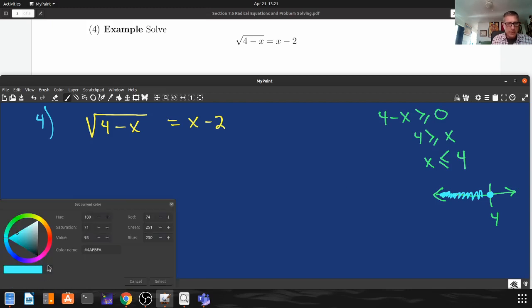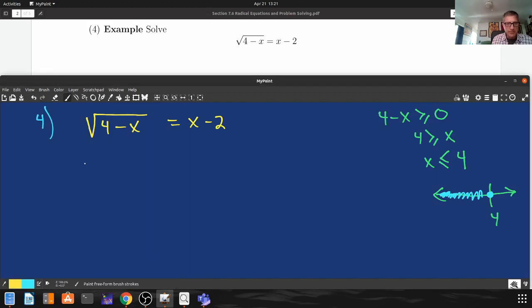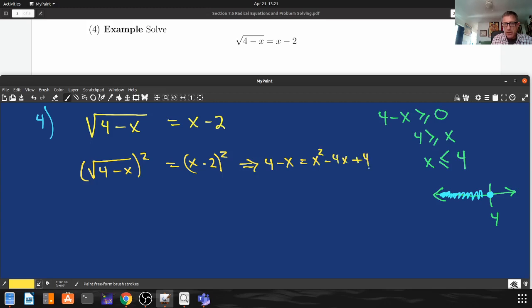So as customary, we're going to square both sides, because my index is 2. So this gives me 4 minus x is equal to x minus 2 squared, which is x squared minus 4x plus 4. Again, a quadratic solution is presenting itself. Here's my x squared term.